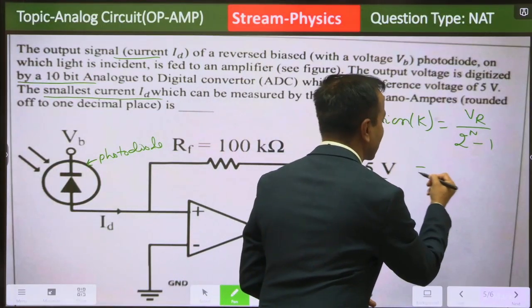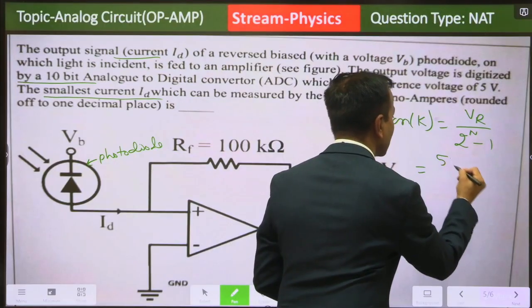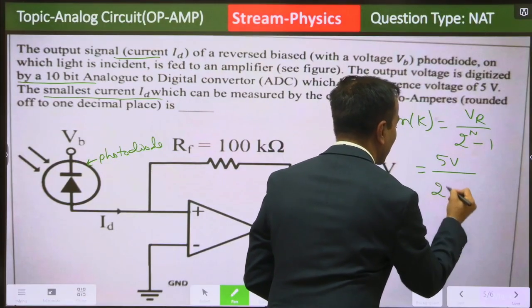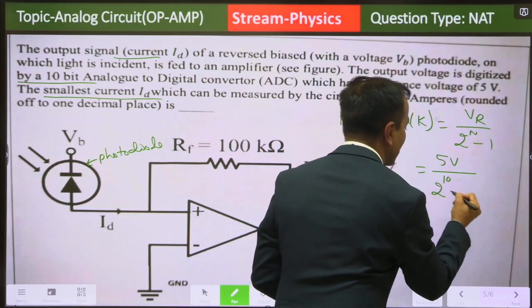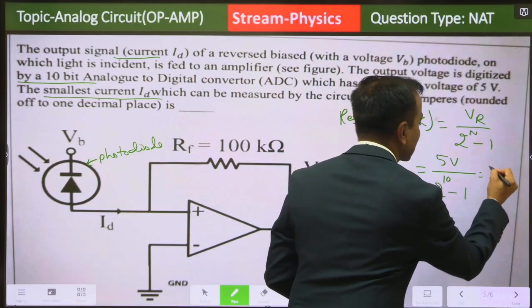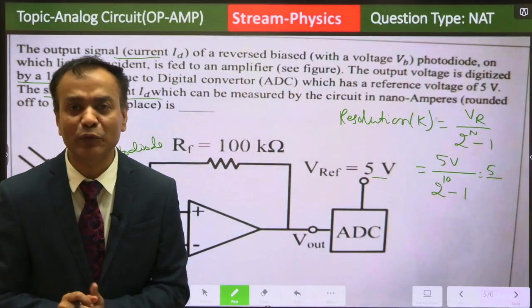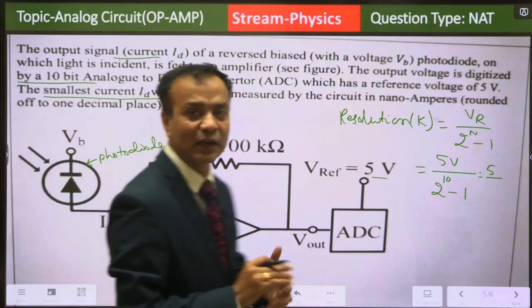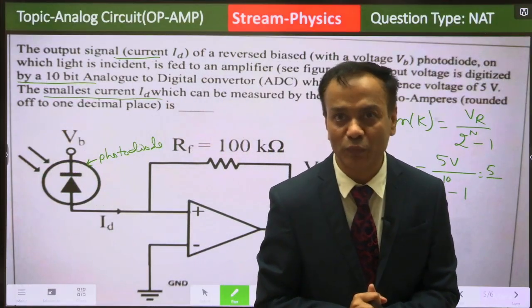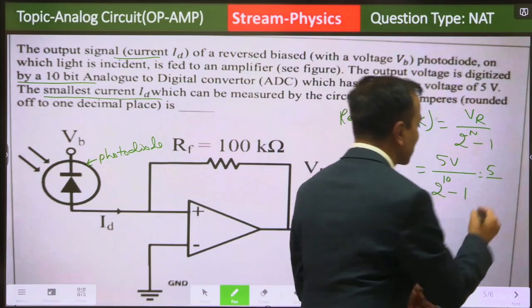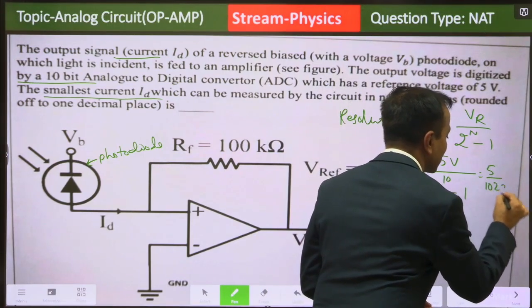If you substitute, it is 5 volts divided by 2 to the power 10 minus 1. As we know, 2 to the power 10 is a very familiar number, 1024, and minus 1 becomes 1023.